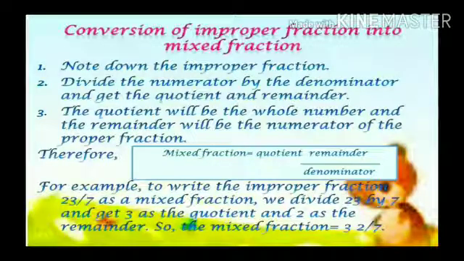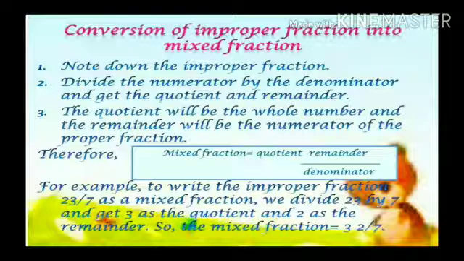Now, conversion of improper fraction into mixed fraction. For this we have to follow these steps. The first step is to note down the improper fraction. Second step, divide the numerator by the denominator and get the quotient and remainder.